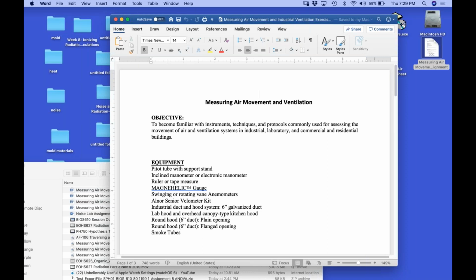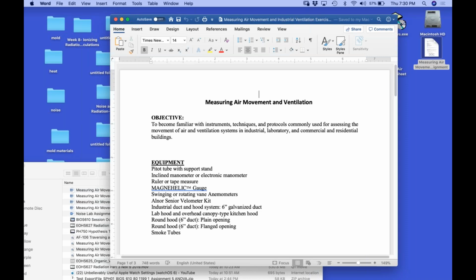0.213. That's the average velocity pressure, 0.213 inches of water. Now, what do we do to convert that into velocity, feet per minute? Remember that formula? Velocity is equal to 4,005 times the square root of the velocity pressure. The square root of 0.213 is 0.46. 0.46 times 4,005 is 1,848.